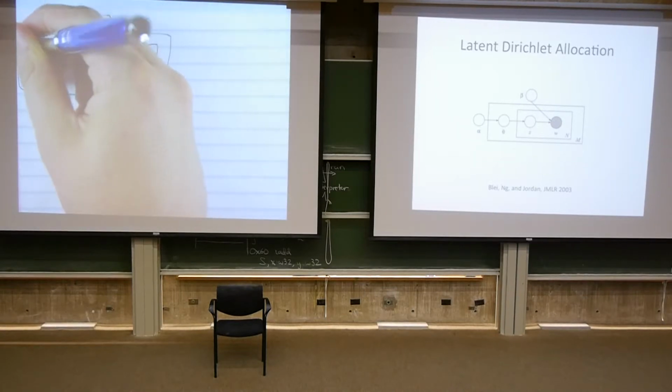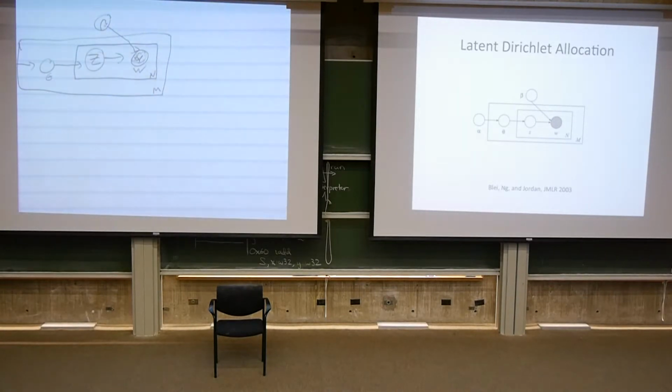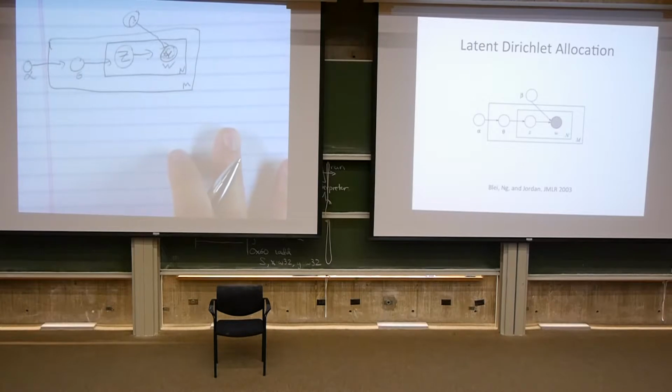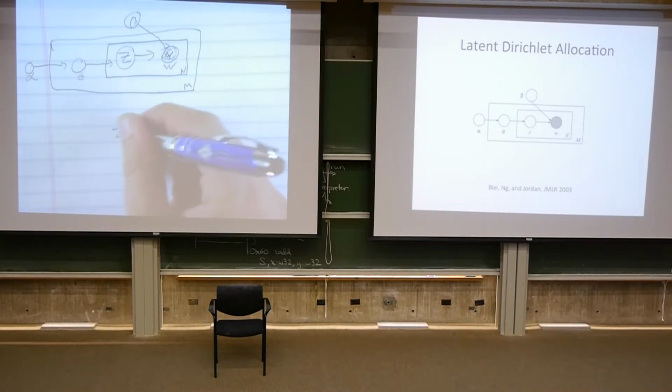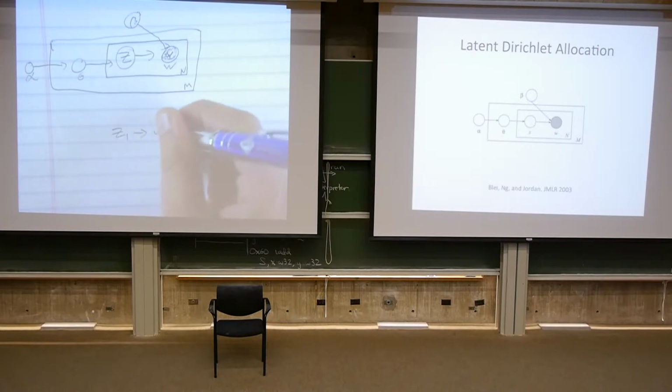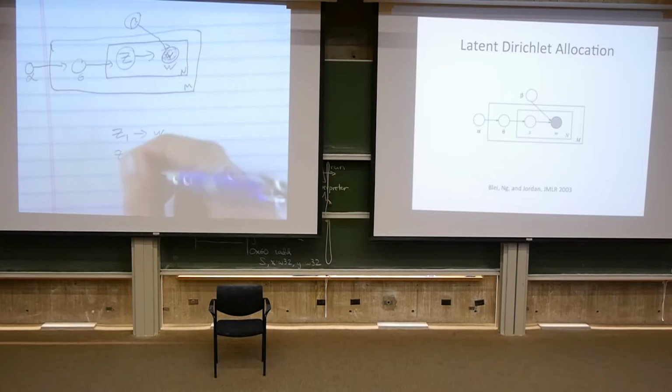So what this notation means, when we draw this N thing, is that we actually have Z1 pointing to W1, Z2 pointing to W2, and so on up to N. And then this outside term, theta, points to each of those Z's.